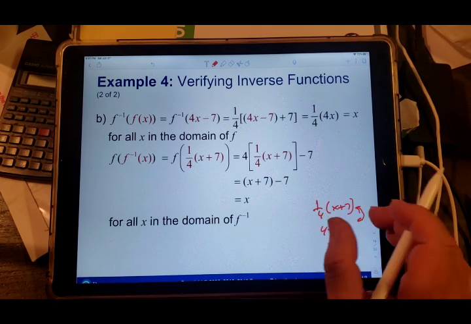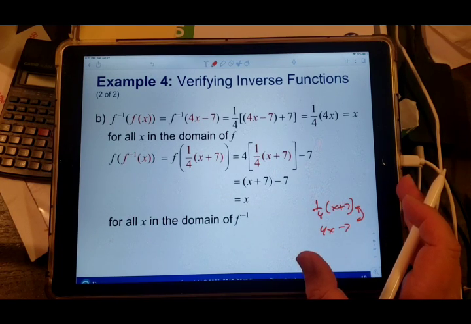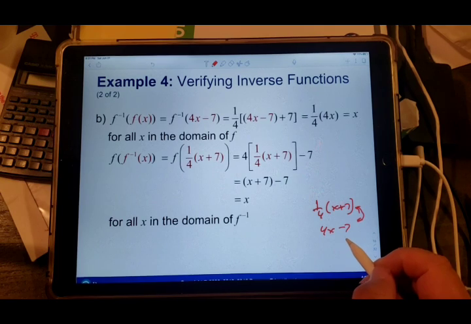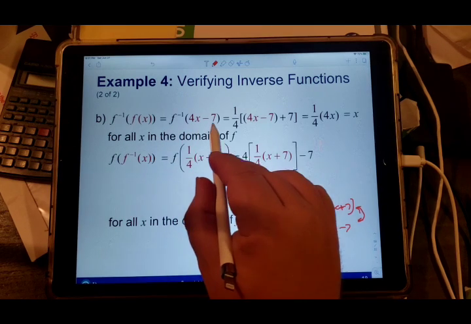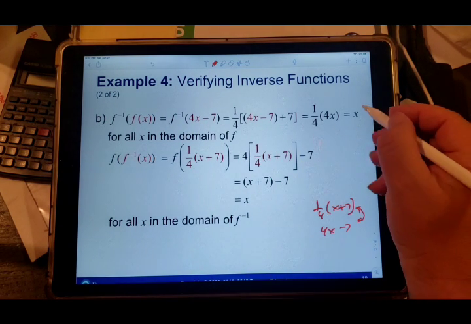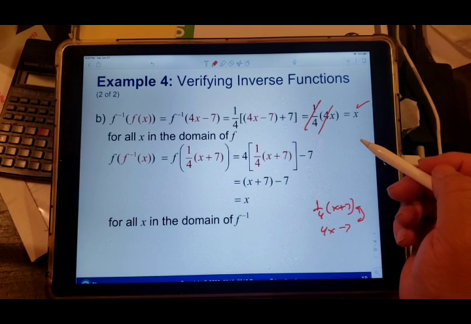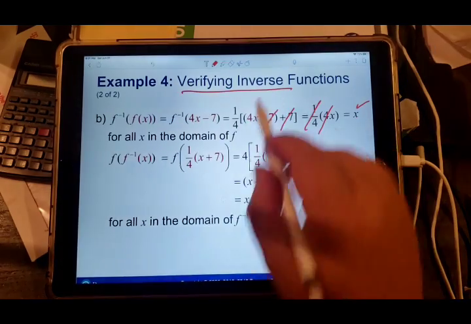The thing is, if the parentheses were different in any step here, they would not be inverse functions. So parentheses, order of operations, all that's important. So it's worthwhile to run through this test, and if you get x on the outside, meaning all the numbers canceled and you're just left with x, then you've verified that they are inverse functions.